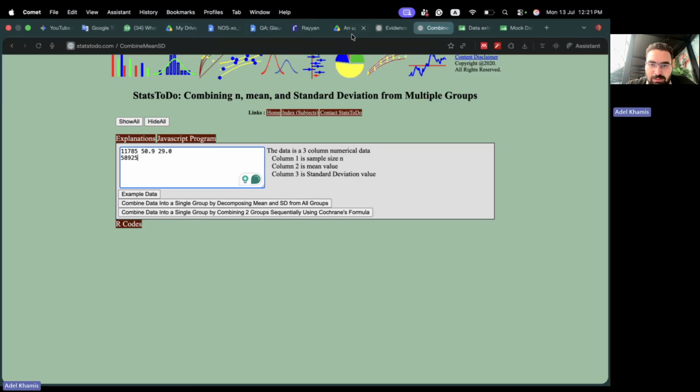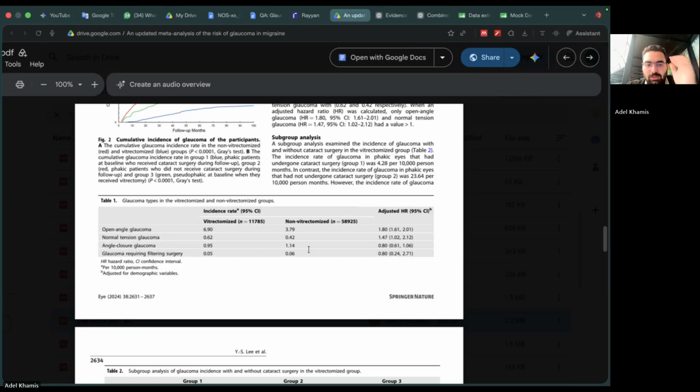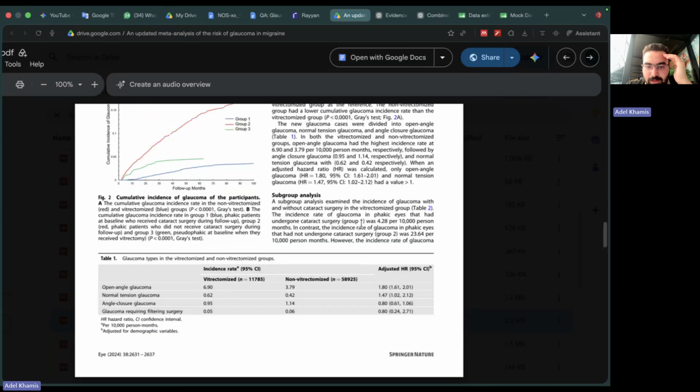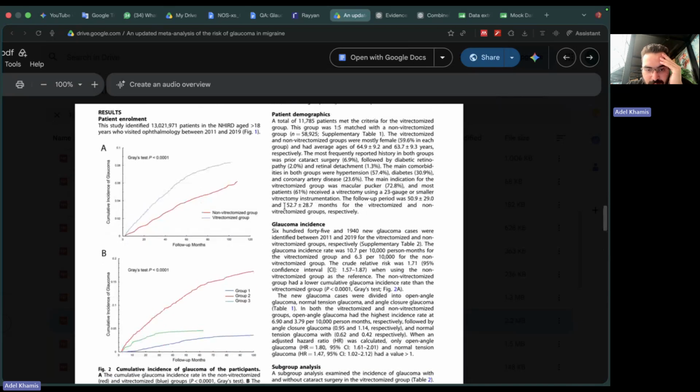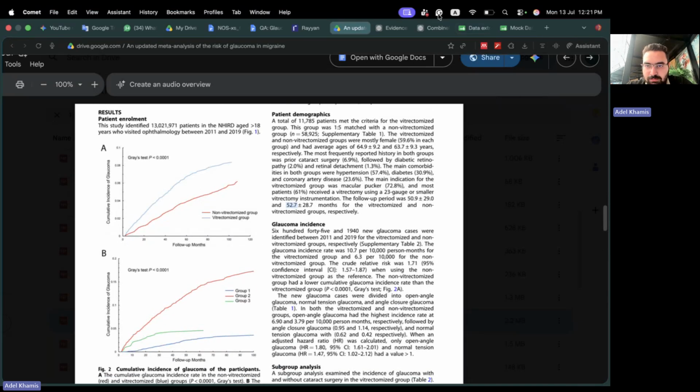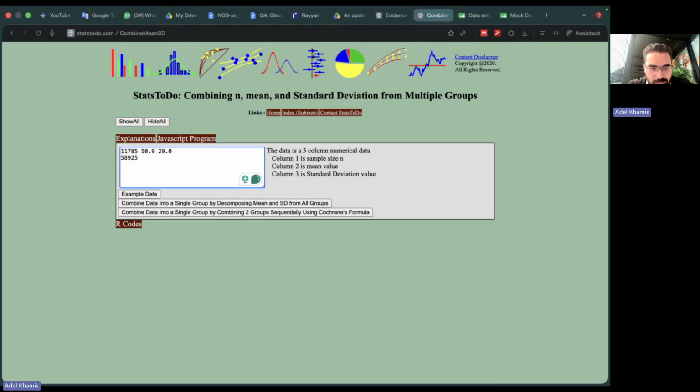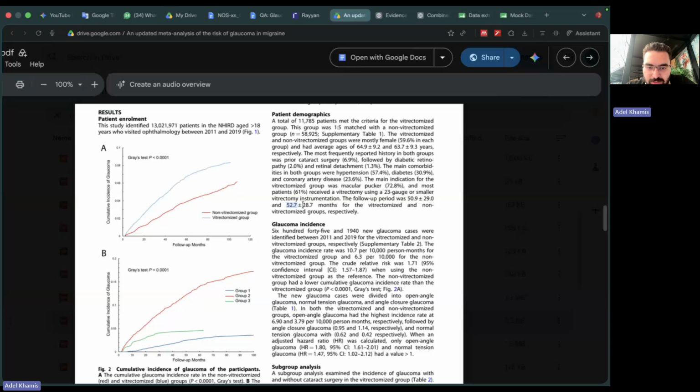Let me check. Wait. So yeah, I wrote it correctly. Then we need the mean value. The mean value was 52.7. We'll copy and paste it here, then space, then the standard deviation here, then paste.